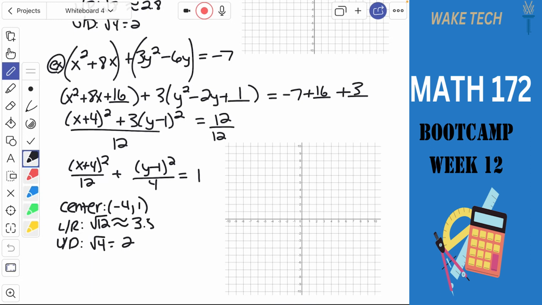So negative 4, 1. Left and right 3.5. Up and down 2.